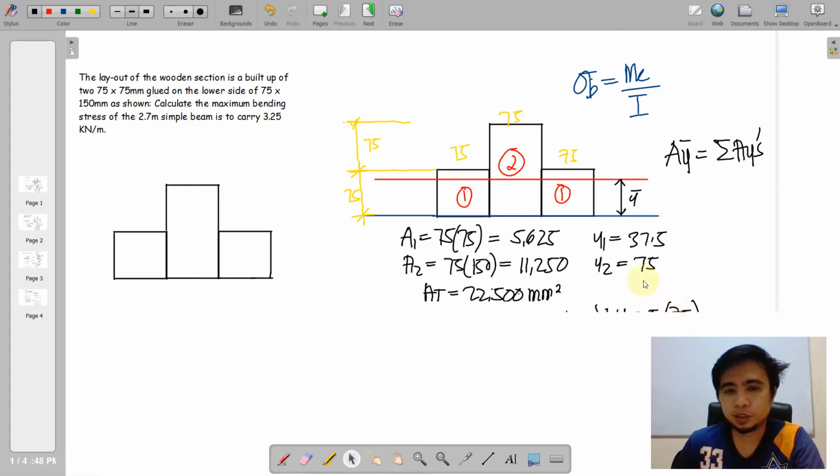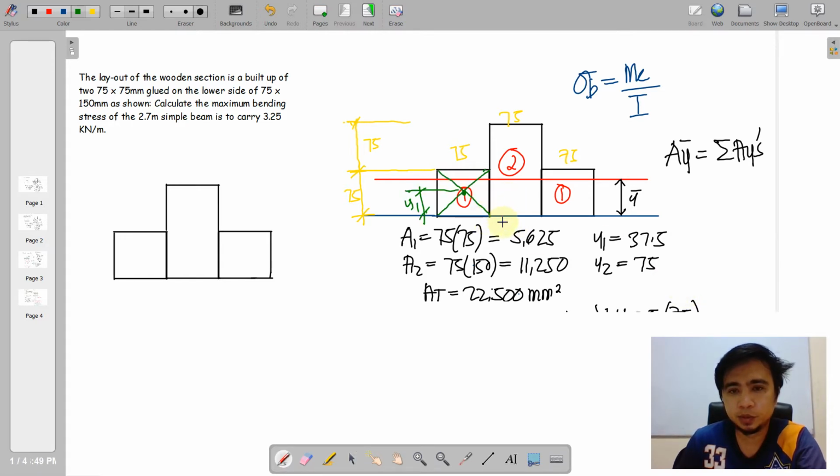First, I'll compute the areas of this section. Area 1 is 75 by 75, so we have 5,625 for one area, and its corresponding distance y1 is 37.5, just half of the height of area 1.